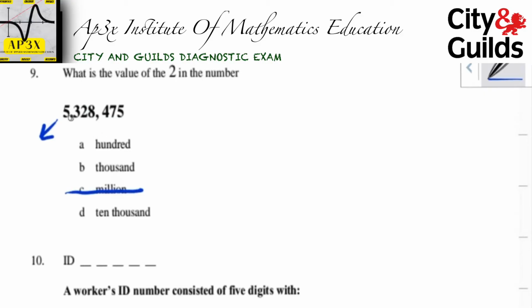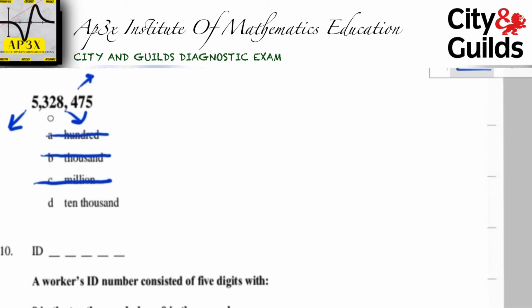We know it can't be 100, because 100 would be represented by the 4. So we've eliminated the 100. It can't be 1,000 because the 8 here would represent the 1,000. So the 2 is going to represent 2 10,000s, which is 20,000.